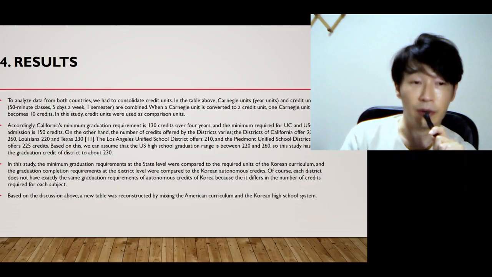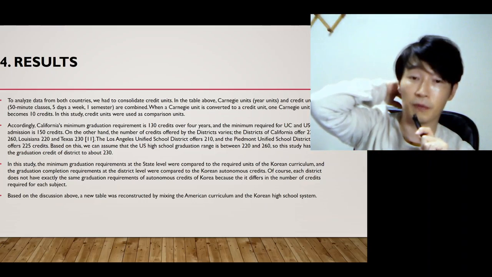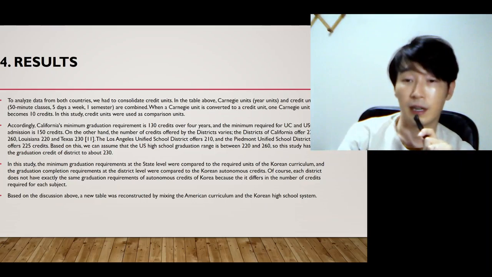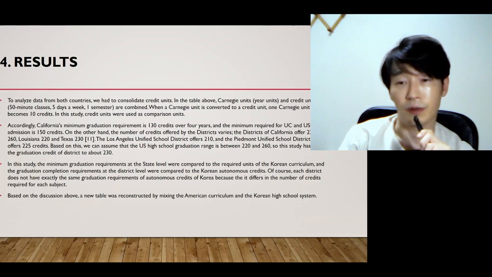According to California, the minimum graduation requirement is 130 over 4 years, and UC and CSU is 150. On the other hand, the number of credits offered by districts varies. Districts in California offer from 206 to 220, compared with Louisiana 220 and Texas 230.